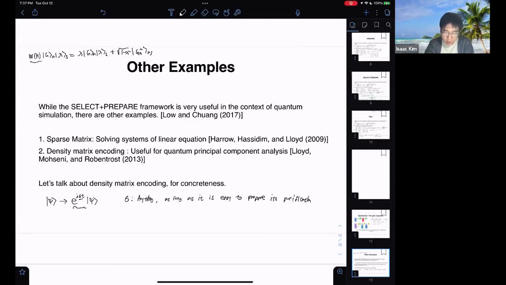It's a very strange object. But in the context of quantum principal component analysis or other quantum machine learning algorithms, these are subroutines that are useful. And it's interesting to notice that using qubitization, you can also very straightforwardly implement this kind of operation.